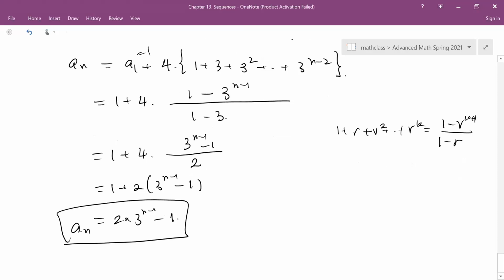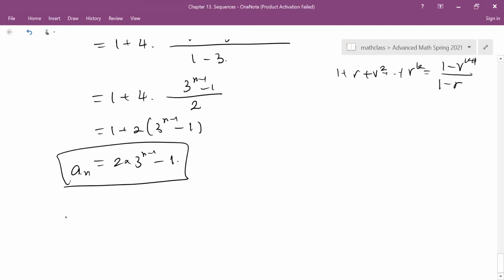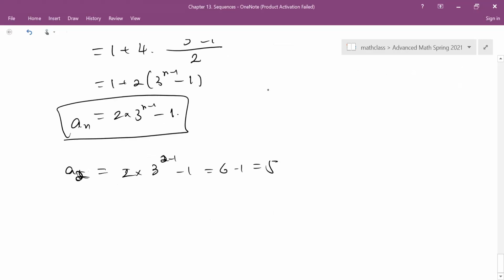Let's take a look at the second term, which is 5. When n equals 2, 2 times 3 to the 2 minus 1 minus 1 is 6 minus 1, which is 5. So that's correct, and we get the nth term.